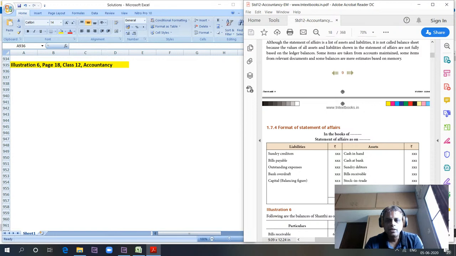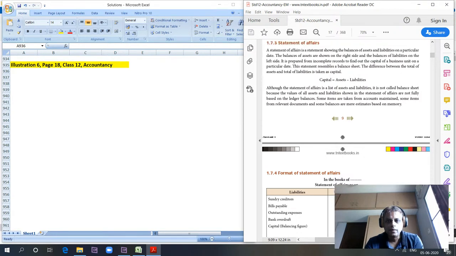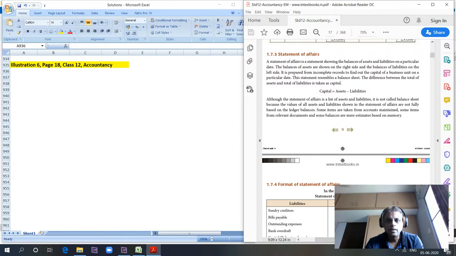Let's continue with the class on accounting for incomplete records. I'm on page 17 of the Accountancy Class 12 book. Statement of affairs, as we were discussing in our earlier classes, is prepared based on the assets and liabilities from the memory, or from the incomplete records, of the partner, sole proprietor or owner of the business.